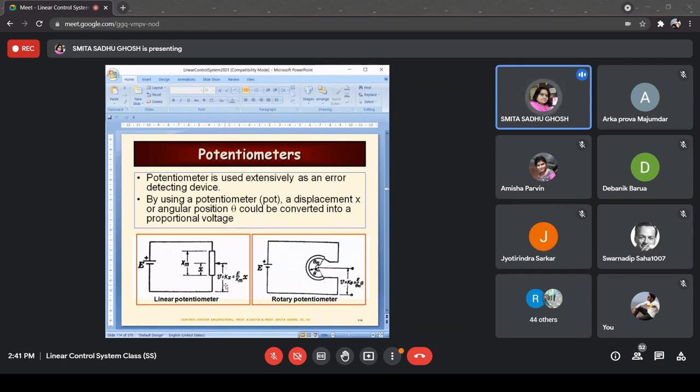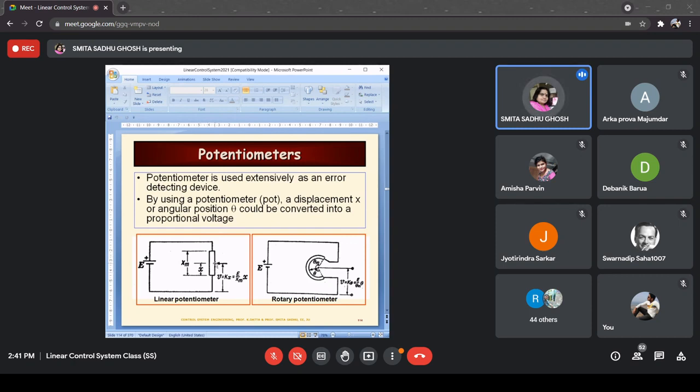Basically the voltage across this will be proportional to the length of the element over here. If we say that the overall length of the resistive element is capital X suffix small m, so Xm is the overall length of this element, it's also going to be proportional to the resistance naturally.